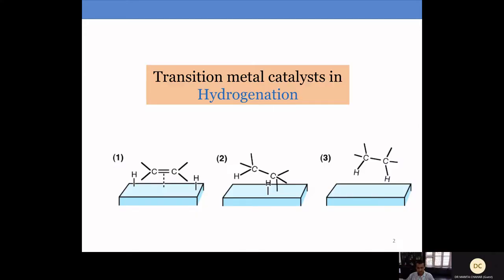Now, as we discussed in the last class, hydrogenation is an extremely important process for both academia as well as industry. It allows olefin to convert into alkane. Any unsaturated molecule, to be precise, can be hydrogenated to give the relatively more saturated organic molecule.